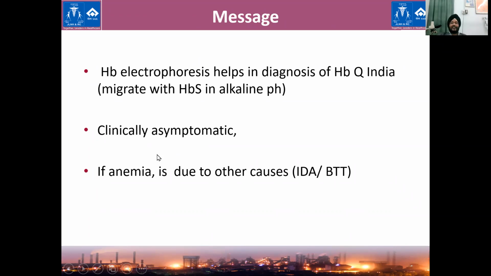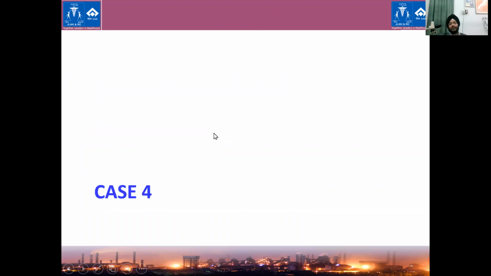So the message here is that there are a few hemoglobins which are asymptomatic in individuals. If we diagnose that and the patient is symptomatic, then we should look at other causes of anemia in such cases, and not rest on the finding of an abnormal hemoglobin.